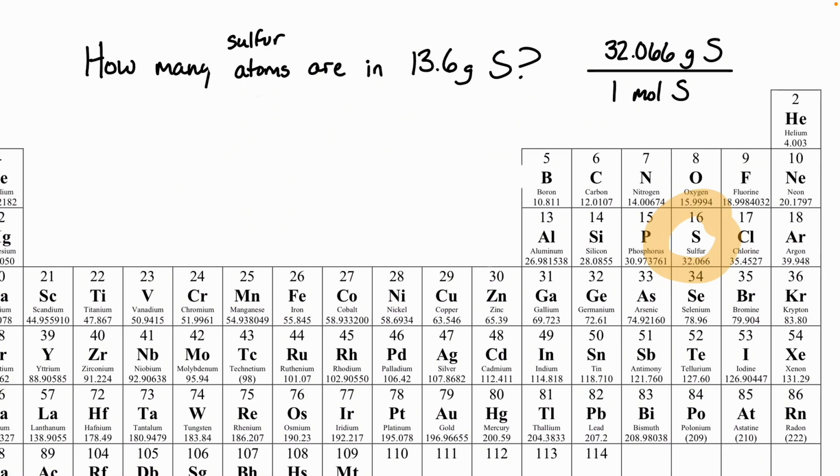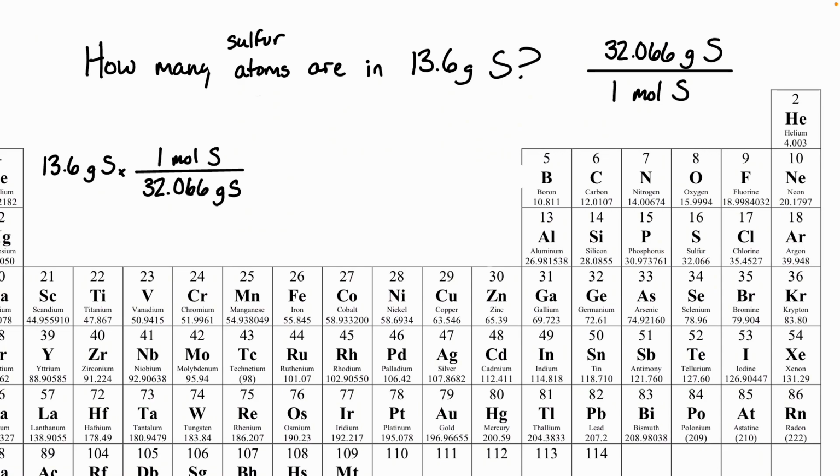Okay, so I have my mass of sulfur here, the 13.6 grams. So I can use my molar mass, just like we did before, 13.6 grams of sulfur. If we divide by our 32.066 grams of sulfur in 1 mole of sulfur, our molar mass, this would put us in moles.